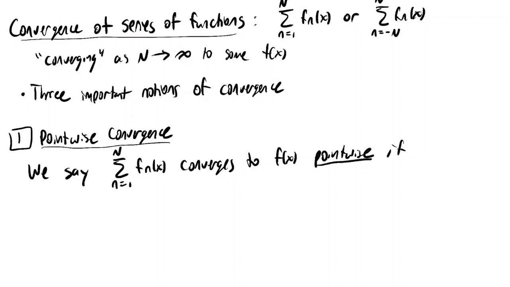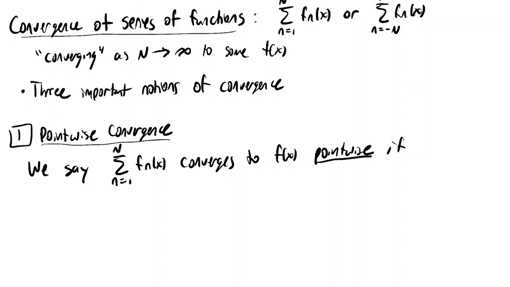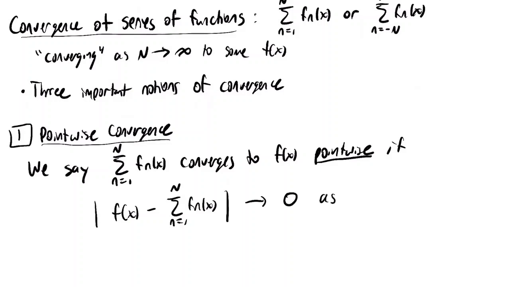if the following happens. So if I look at the difference f of x minus this infinite sum, and I take the absolute value, if this difference goes to 0 as n goes to infinity for each point x, right?